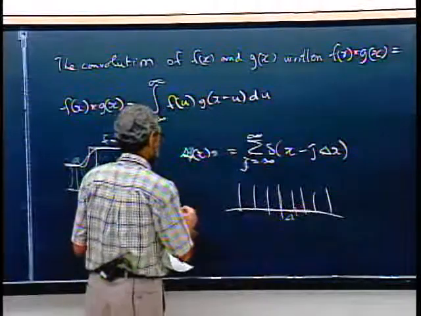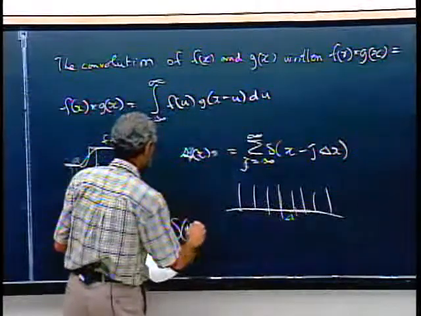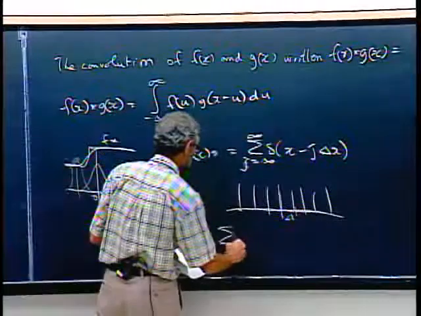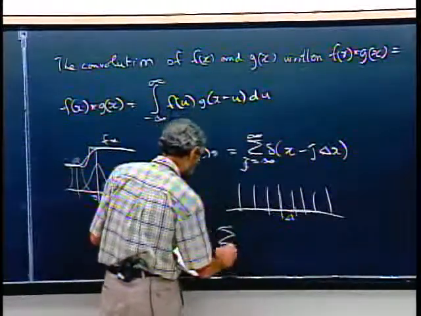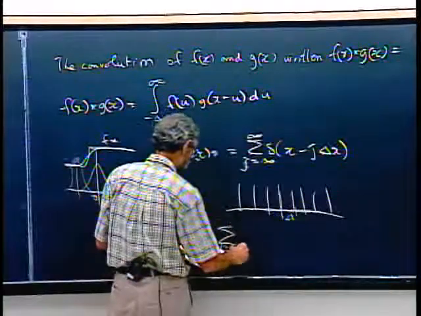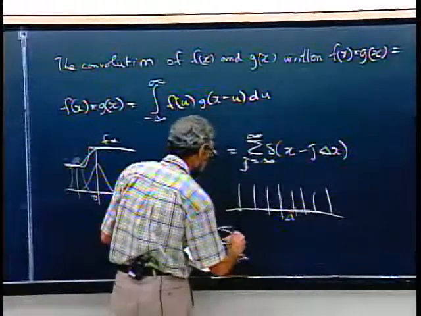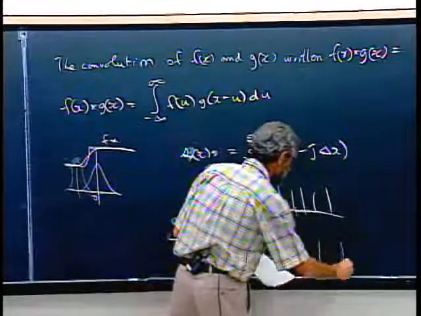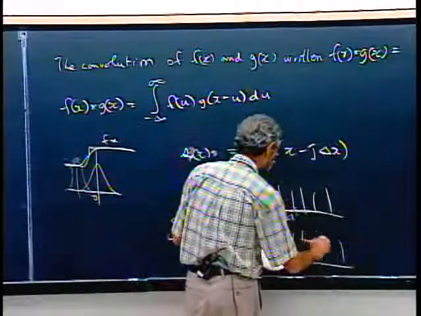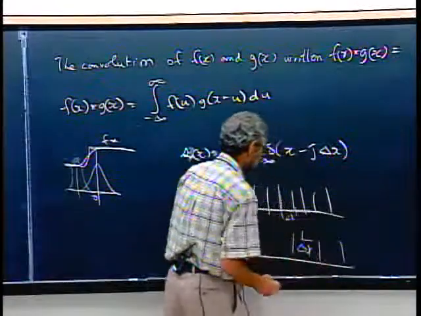And then the idea is S of u, the Fourier transform, is also a similar sum, k equals minus infinity to infinity. So we have another bunch of spikes, but the spacing of those spikes is 1 over delta x.